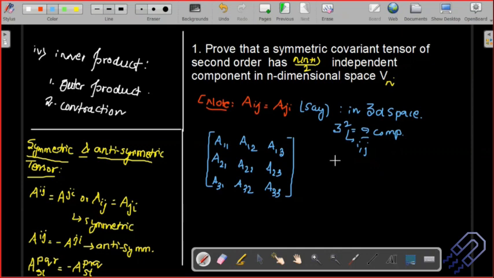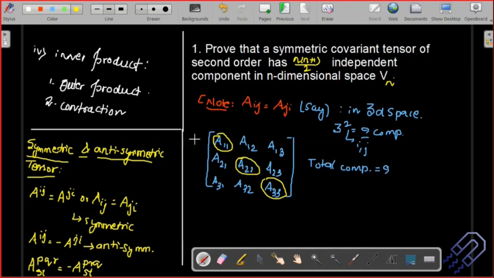Now the question is, how many independent components are there? Let's check. First thing is total components, which is equal to 9, that we can see, right? And then these components are not getting repeated. Let me take a different color. This one is there, a11, a22, a33.